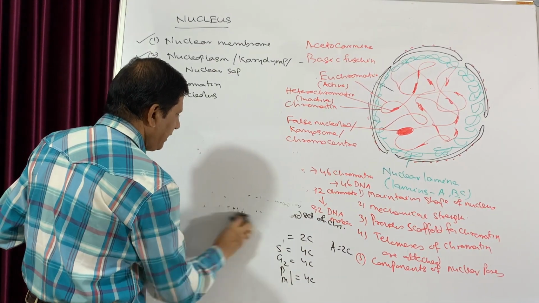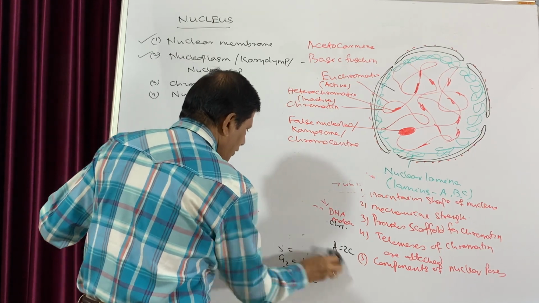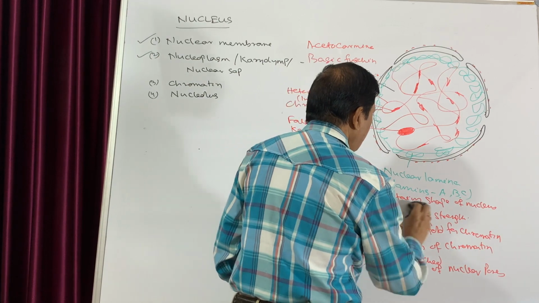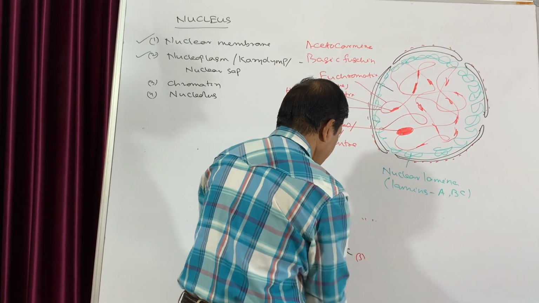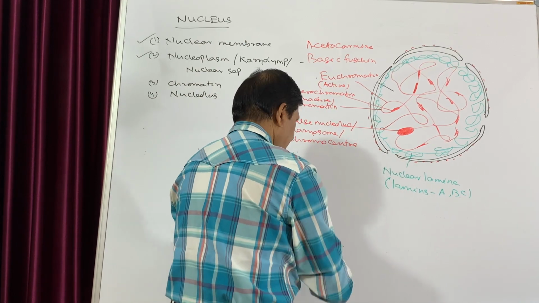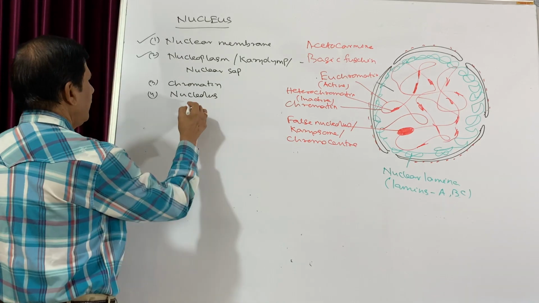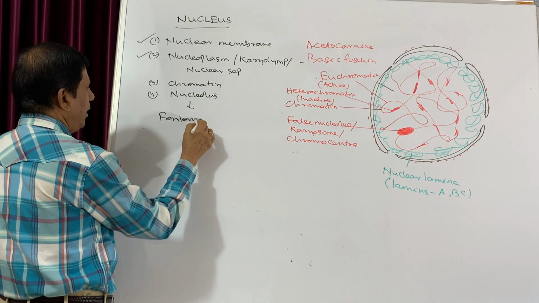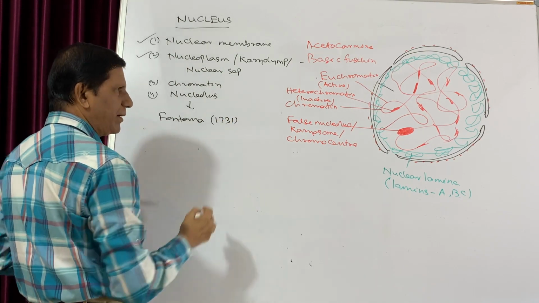Inside the nucleus, there is another structure which is known as nucleolus. The nucleolus was discovered by Fontana in 1731.